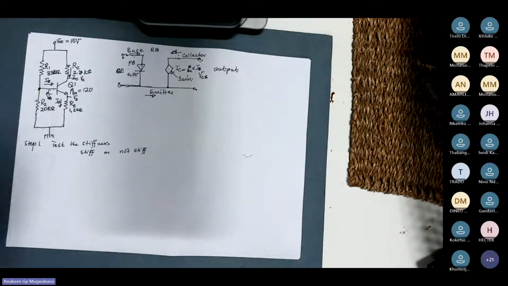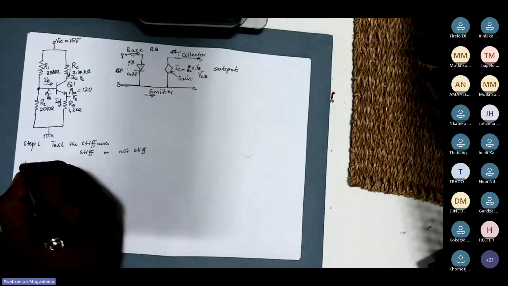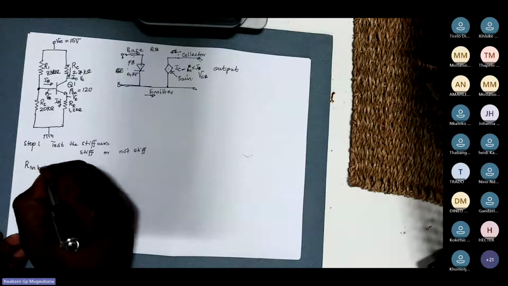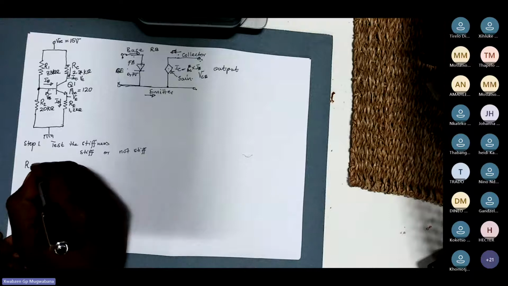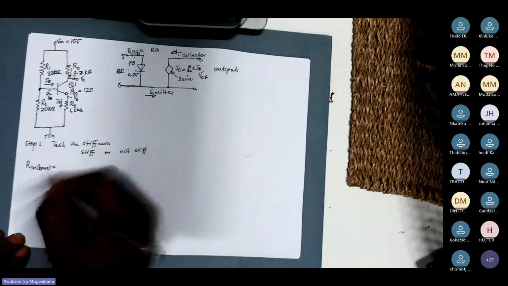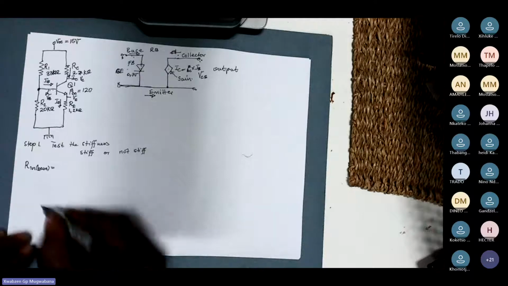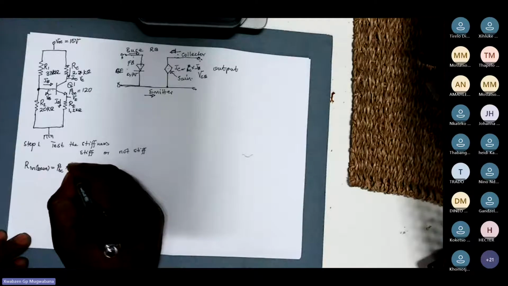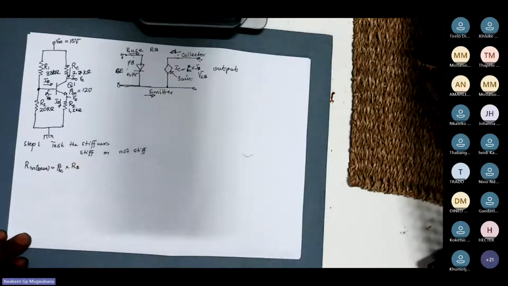The determination of the magnitude, that is your R in base, which is your imaginary base resistor. R in base is given by beta DC multiplied by your RE.